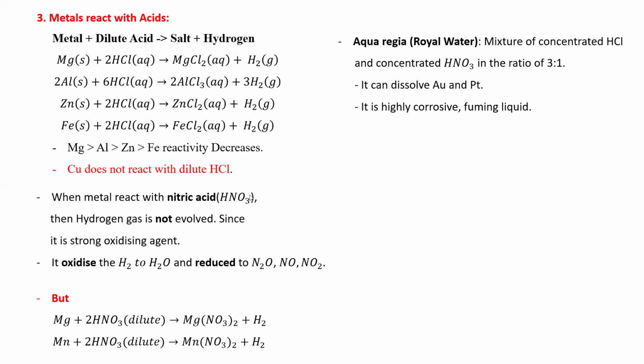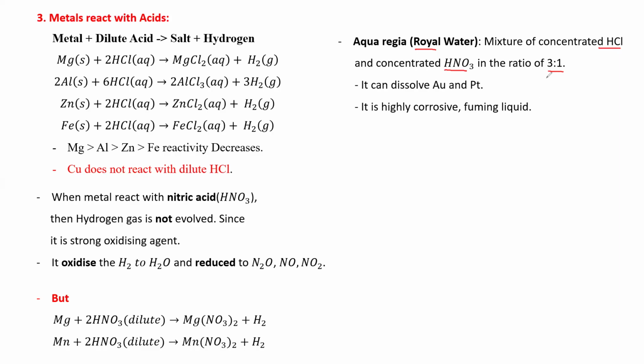Next, we have a very important substance called aqua regia. It is also known as royal water. What nitric acid and HCl alone can't do, aqua regia is going to do. It is a mixture of concentrated HCl and concentrated HNO3 in the ratio of 3:1. So the ratio is important here.